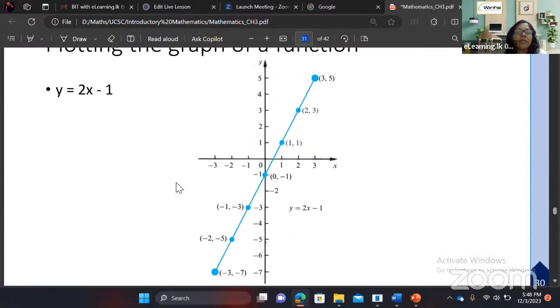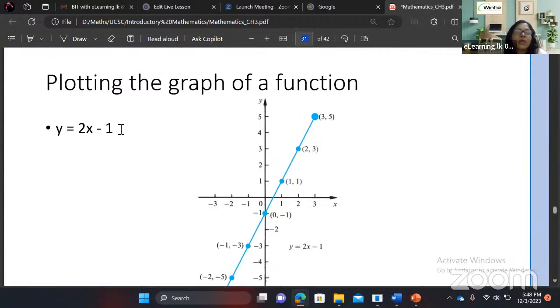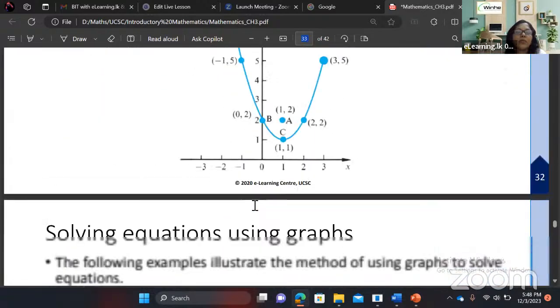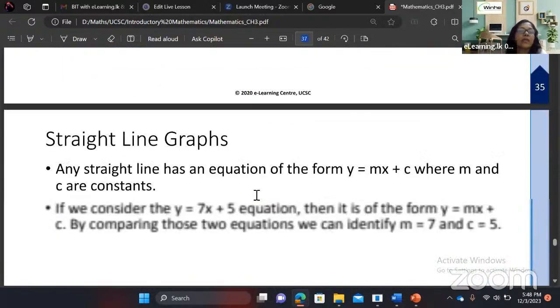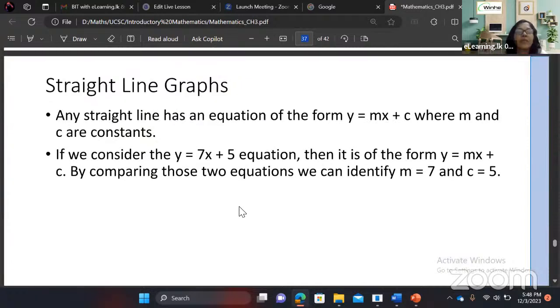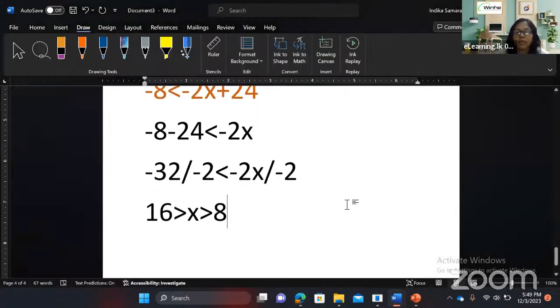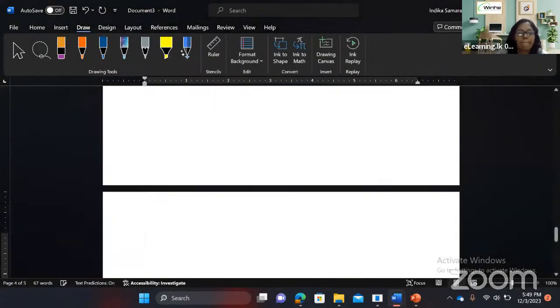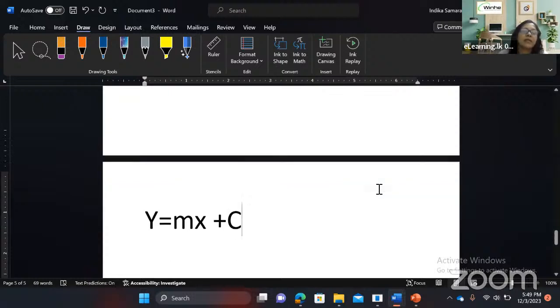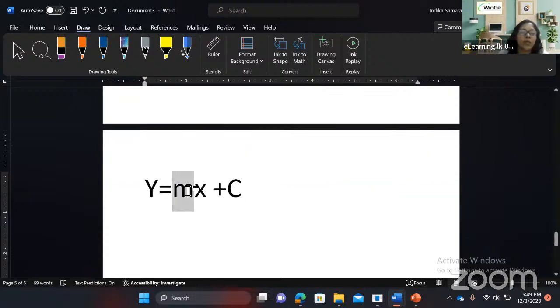This is the equation for a straight line graph, right? So if you go into the straight line graph, the equation of a straight line is always in the form of y equal to mx plus c, right? m we call the slope.